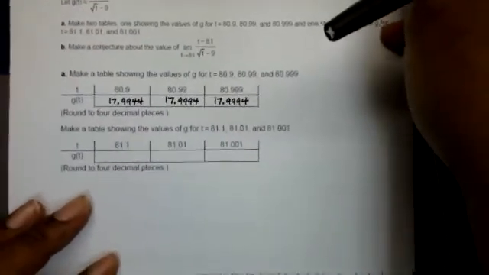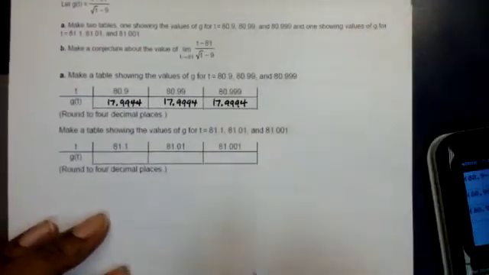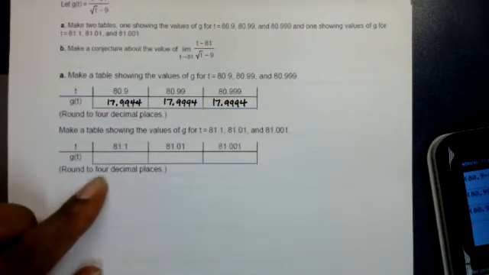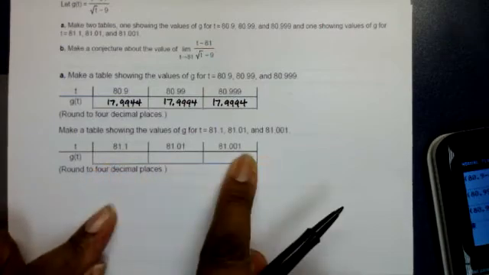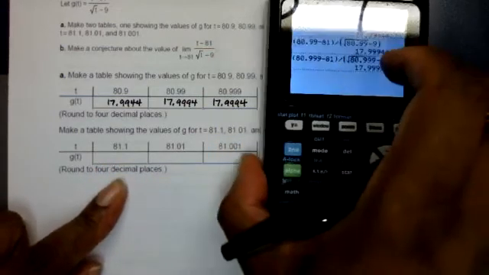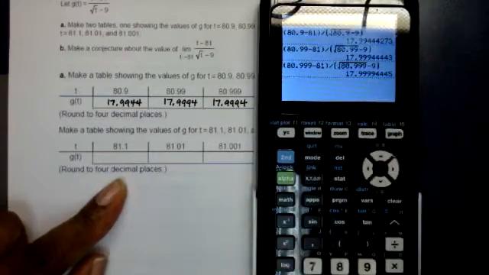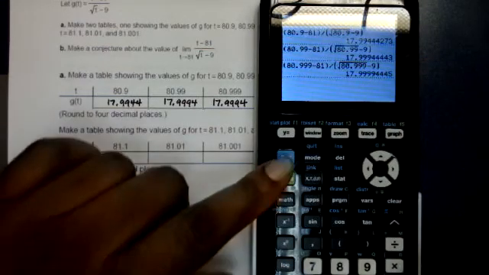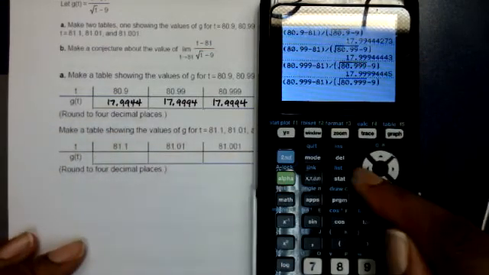So from this, you can pretty much get an idea where g of t is approaching with these values, okay? And that's pretty much to the left of 81. This one is to the right of 81, since these numbers are bigger than 81. All right, so let's say 81.1. I'm going to do second and enter.